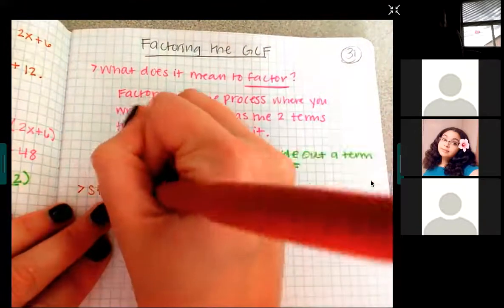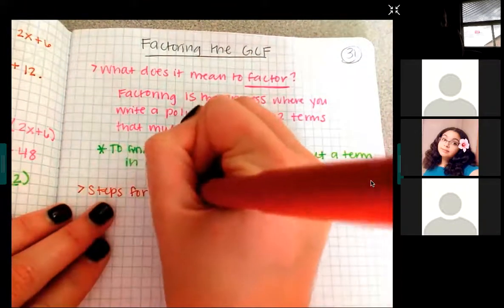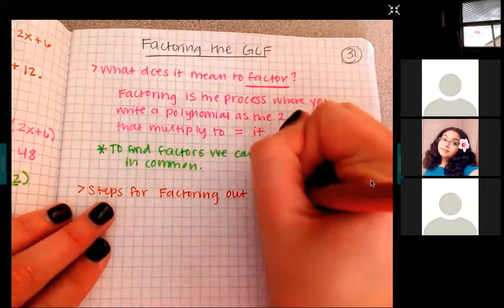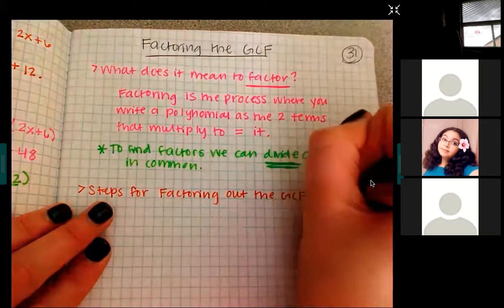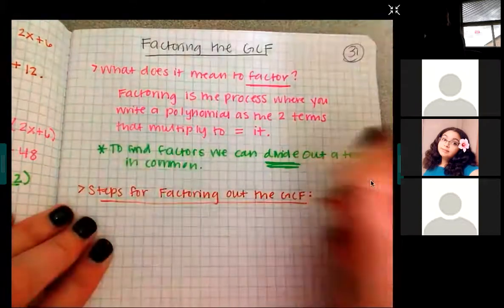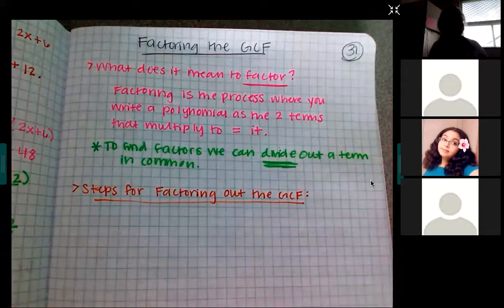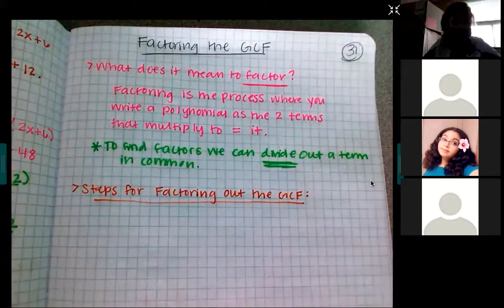So steps for factoring out the GCF. There are 3 steps, and then some examples, and we are done.